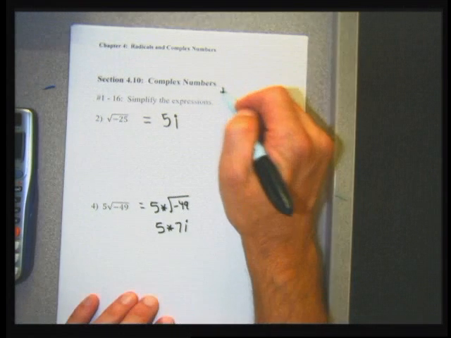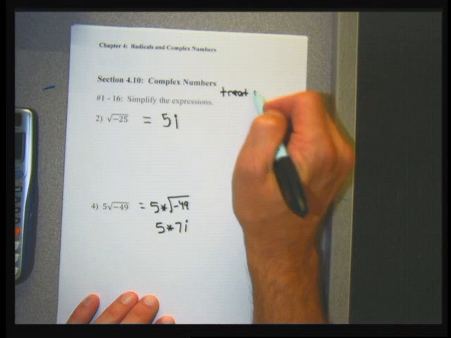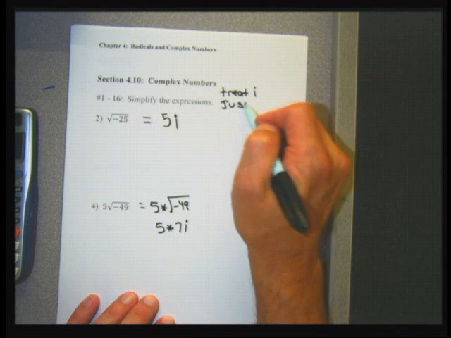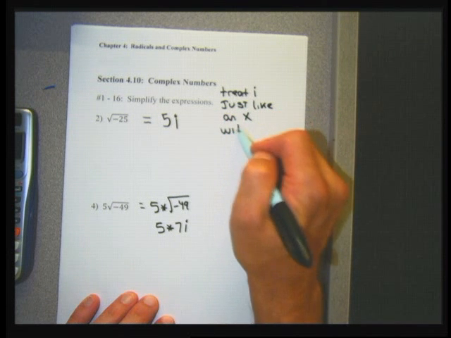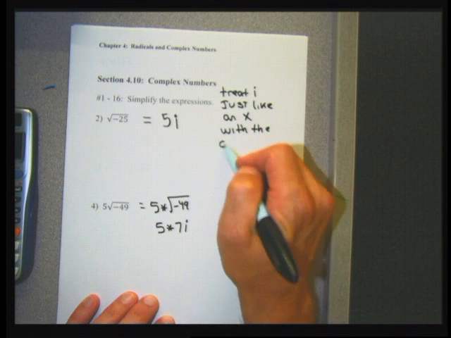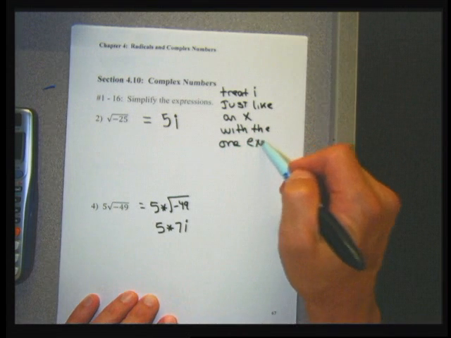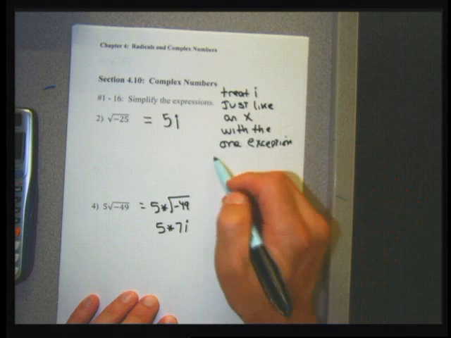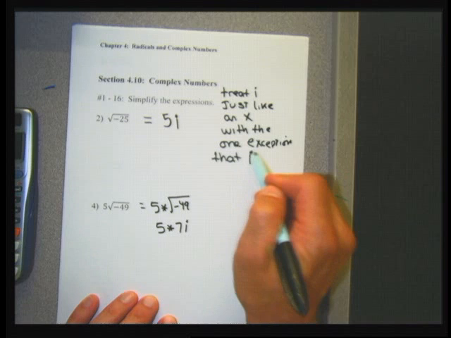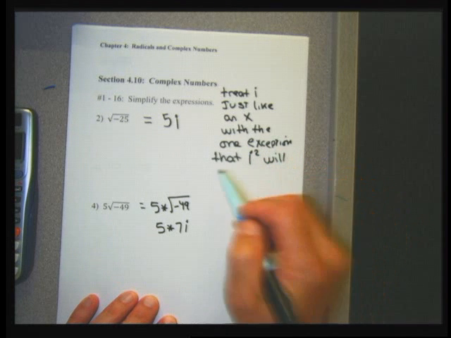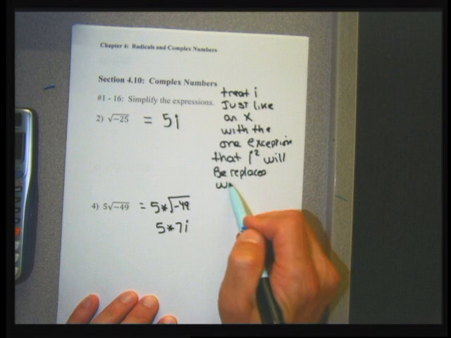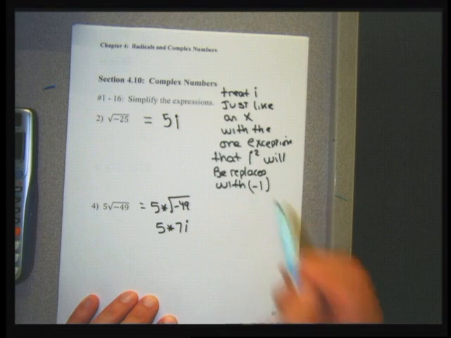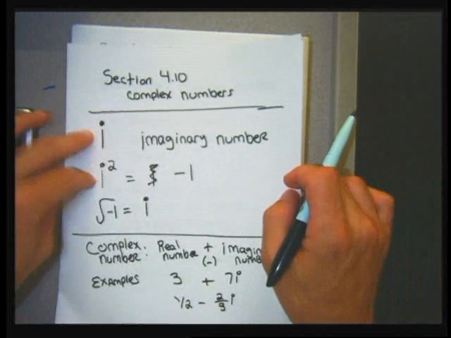So basically, when we're working with i's, we treat an i just like an x, with the one exception that i squared will be replaced with negative 1, whereas x squared can't be replaced with anything. But just by how i was constructed, i squared is negative 1.